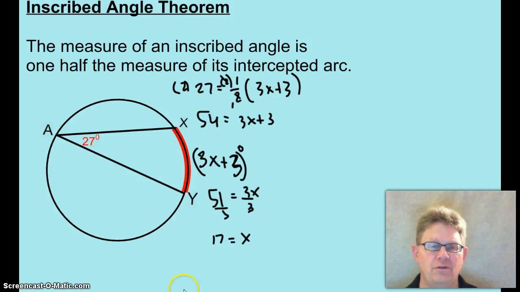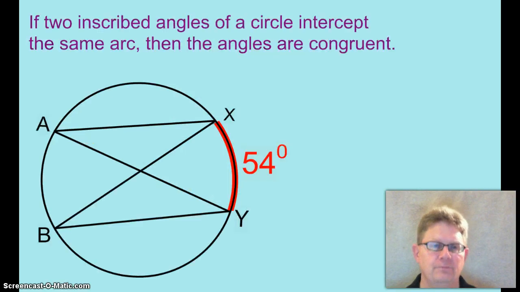And another cool theorem that goes right along with this inscribed angle theorem, although it doesn't have a name, is this. If two inscribed angles intercept the same arc, angle A intercepts arc XY, angle B intercepts arc XY, then the angles are congruent.